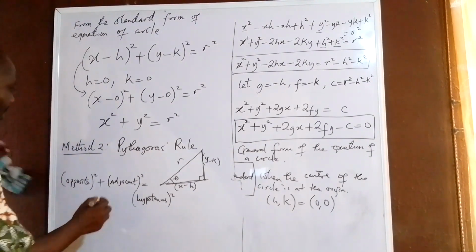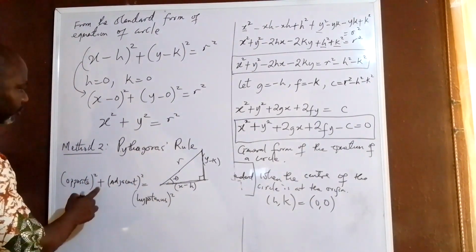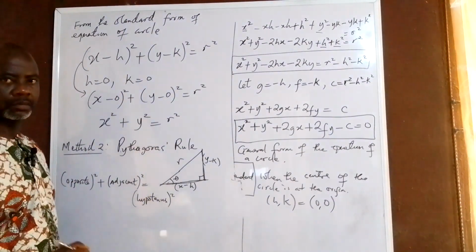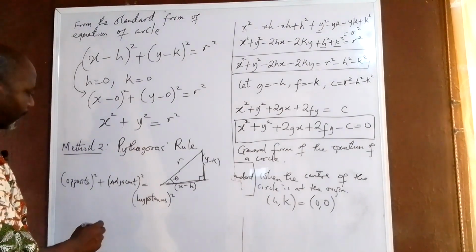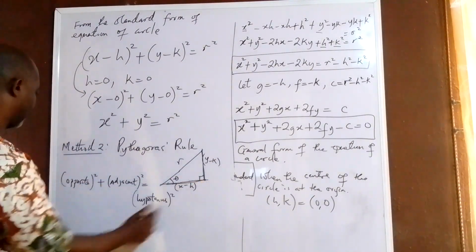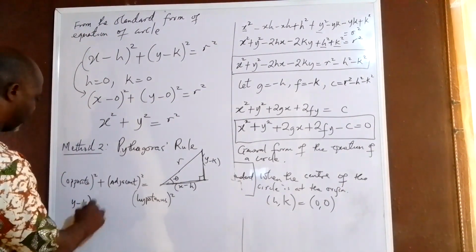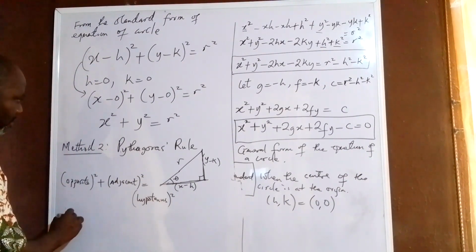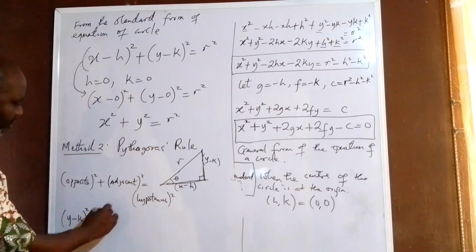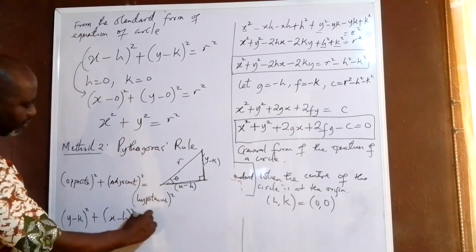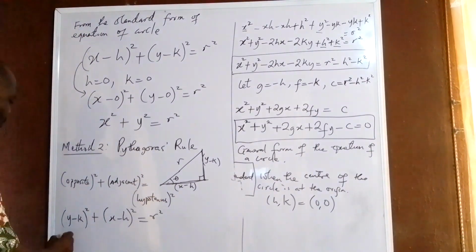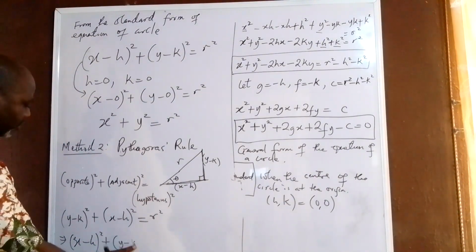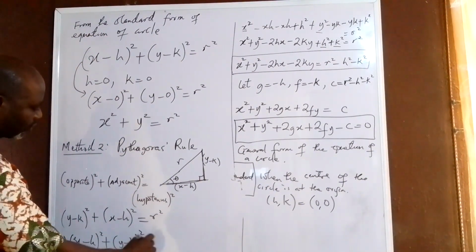If that happens, the opposite squared is y minus k all squared, plus x minus h all squared equal to r squared, which we can rewrite as x minus h all squared plus y minus k all squared equals r squared.